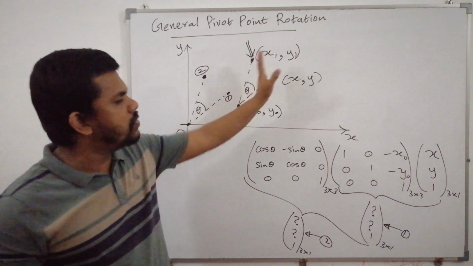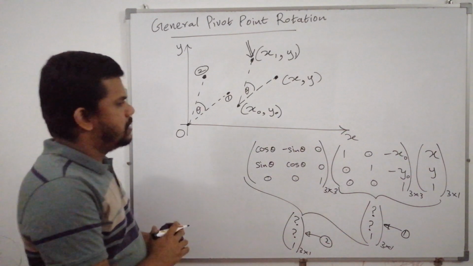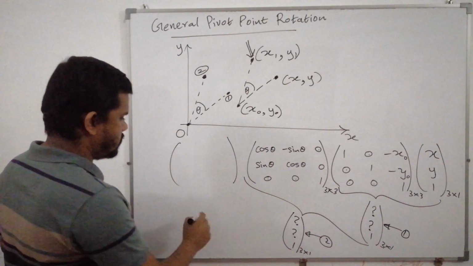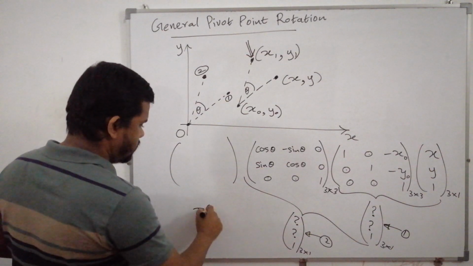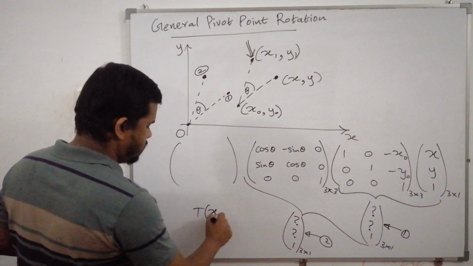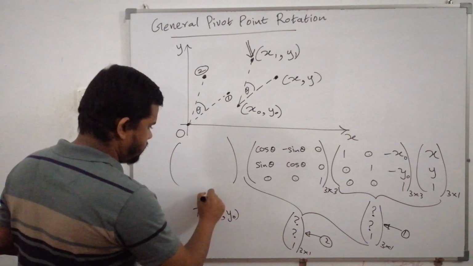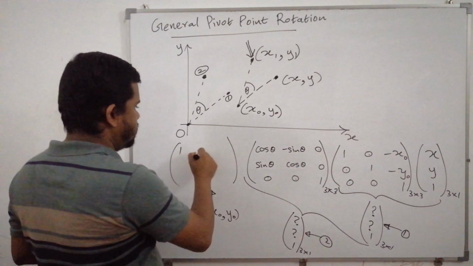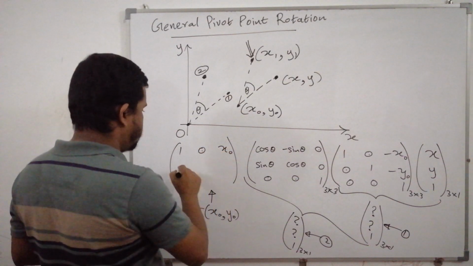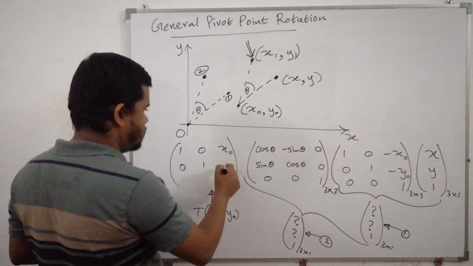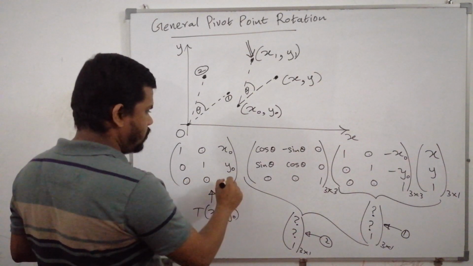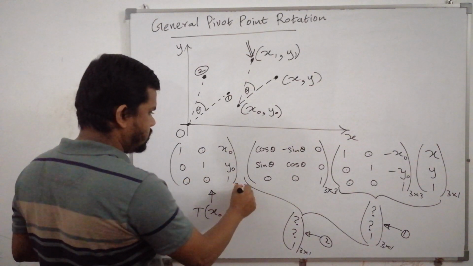Again, we have to retranslate. Here we put the T of x naught, y naught matrix. So here 1 0 x naught, 0 1 y naught, 0 0 1. This is a 3 cross 3 matrix.